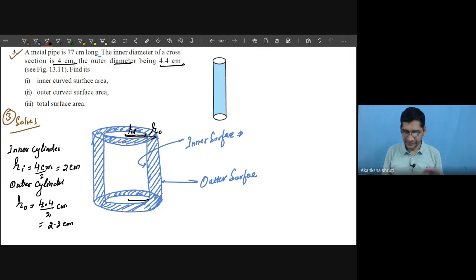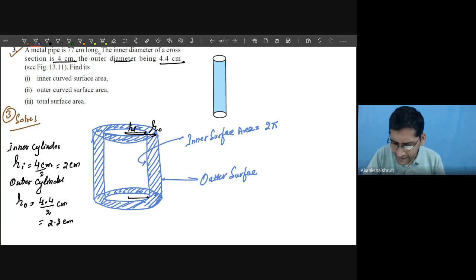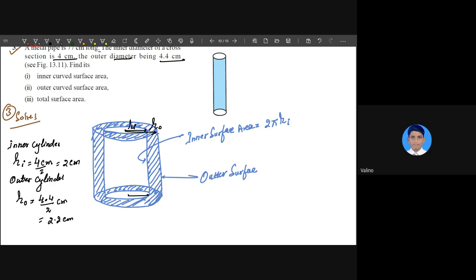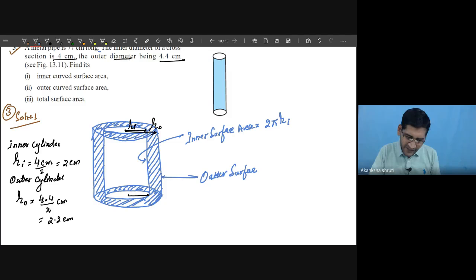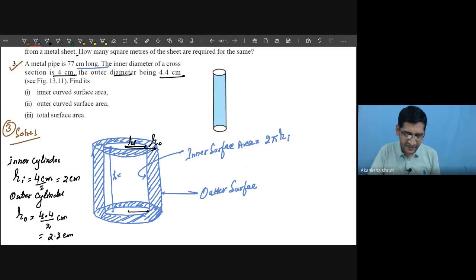Okay, students. So this way we have to understand this question. After knowing the inner radius and outer radius, the inner surface is like one of the cylinders, and how can it be obtained? So inner surface area can be obtained by taking 2 pi r of which radius? The inner radius, Ri. And the height, keep in mind the height h remains the same. So height h is the same for both. It is given as 77 centimeter.